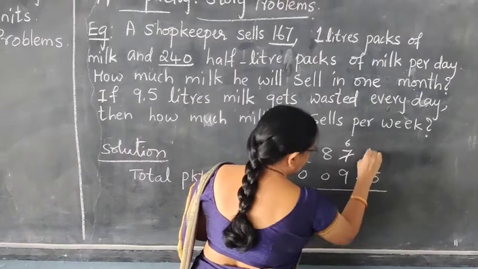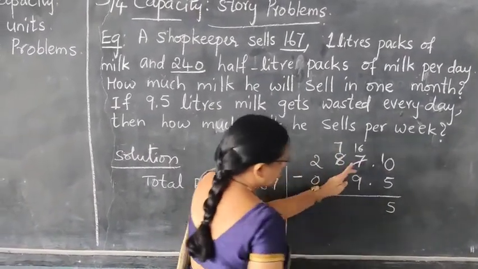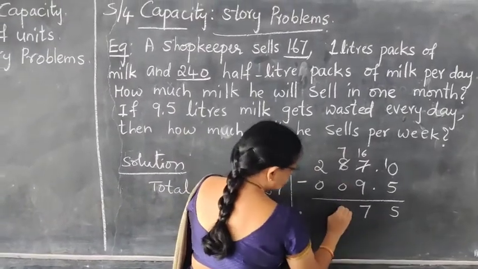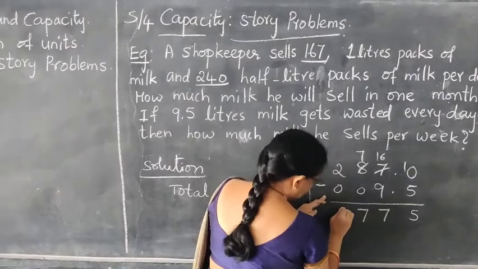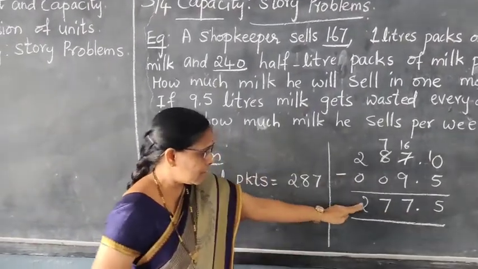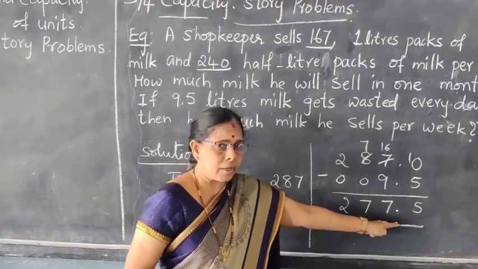Now you have to subtract. Take carry. 10 minus 5 is 5. Now 16 minus 9 is 7. 7 minus 0 is 7. Here 2. So 277.5 liters he is selling per day.